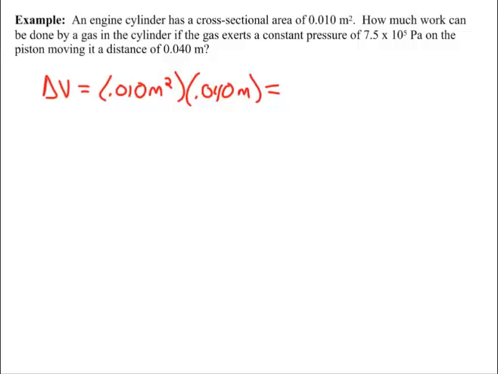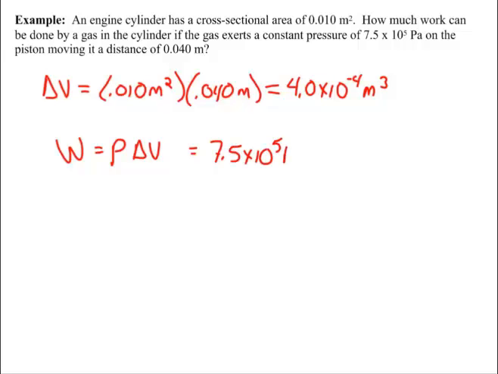So our change in volume is 4 times 10 to the negative 4th meters cubed. Pressure is constant, so work is going to be P delta V. Pressure is 7.5 times 10 to the 5th pascals, times the volume change we just found, 4.0 times 10 to the negative 4. So we end up with 300 joules.